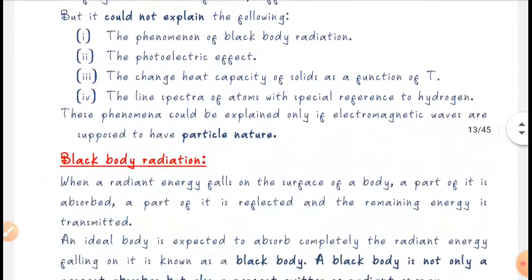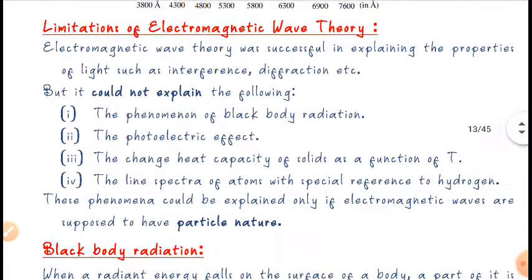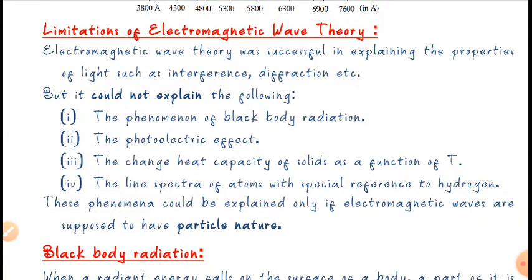Now we have learned about electromagnetic radiations, the spectrum, wavelength, frequency, and amplitude. Phenomena such as diffraction or interference can explain only the wave nature of electromagnetic radiation.